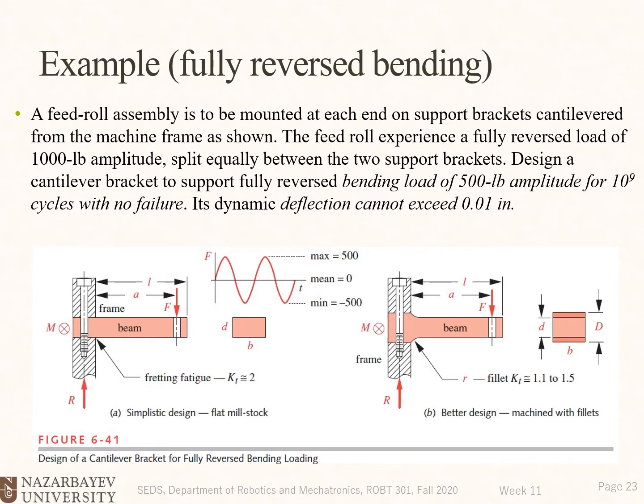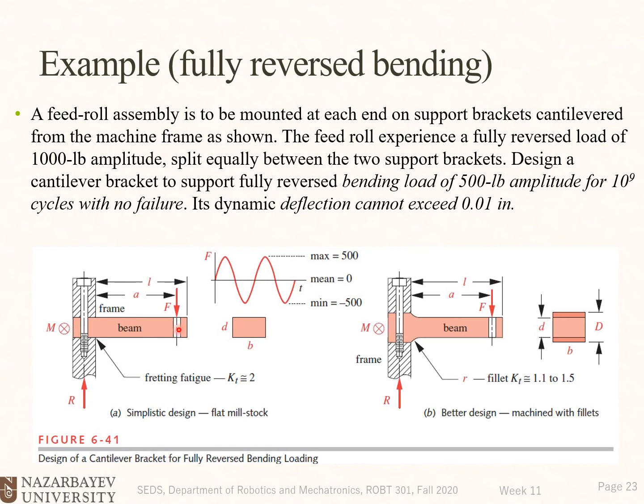Okay, this is an example of the book, and we'll go through that. It's quite a large example, but it will clear up the materials that we learned so far. A feed roll assembly is to be mounted on each end on support brackets cantilevered from the machine frame as shown. Okay, so you see that we have a cantilever beam here.